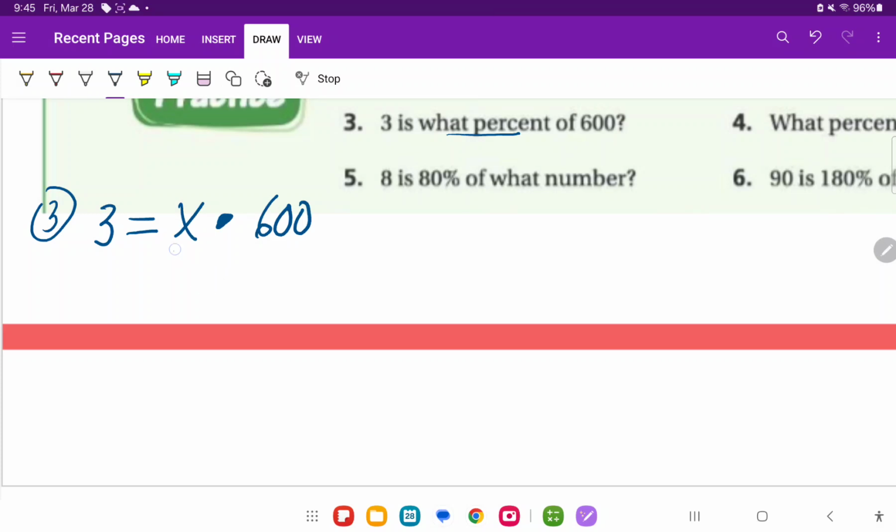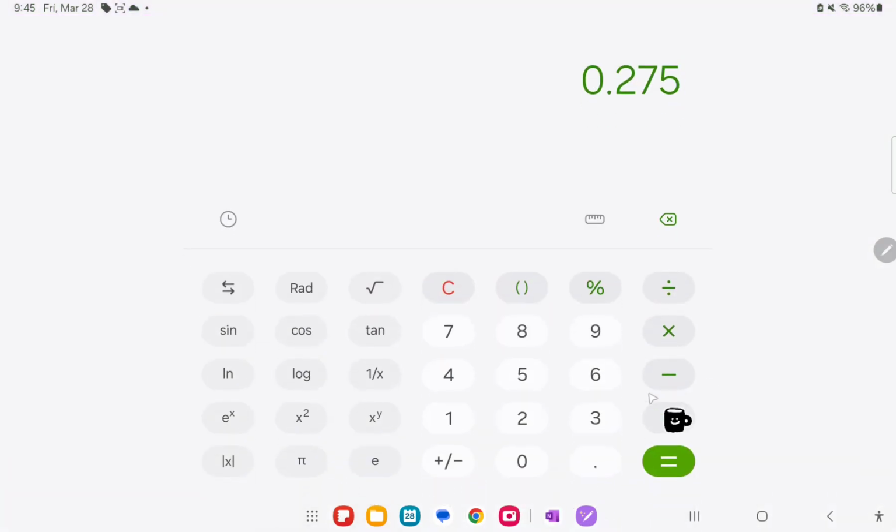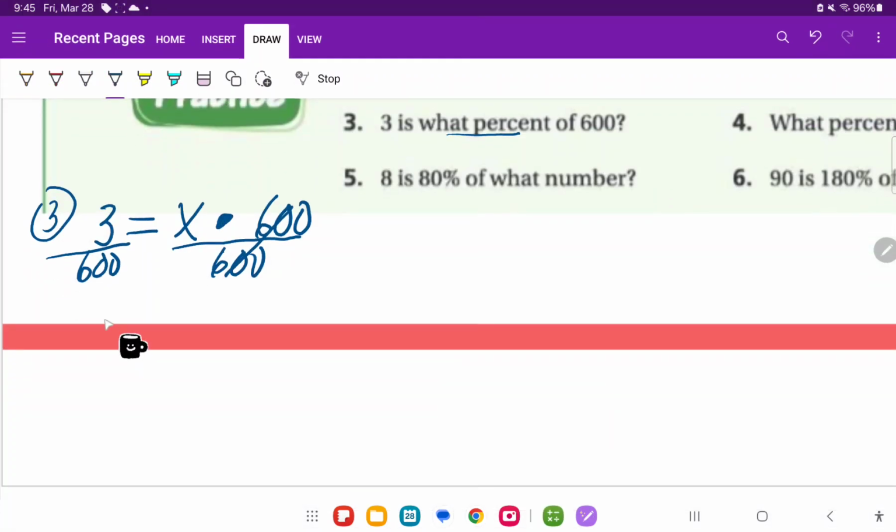So again, we want to get x by itself. So we'll divide by 600. Divide by 600 over here as well. So 3 divided by 600. That is 0.005. So 0.005 is equal to x, like that right there.